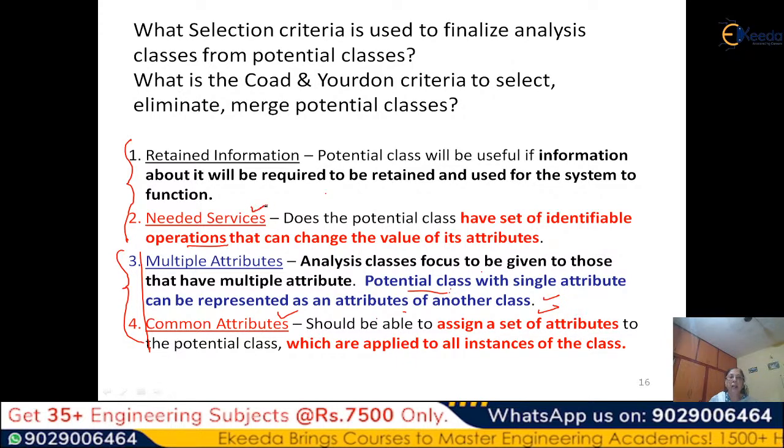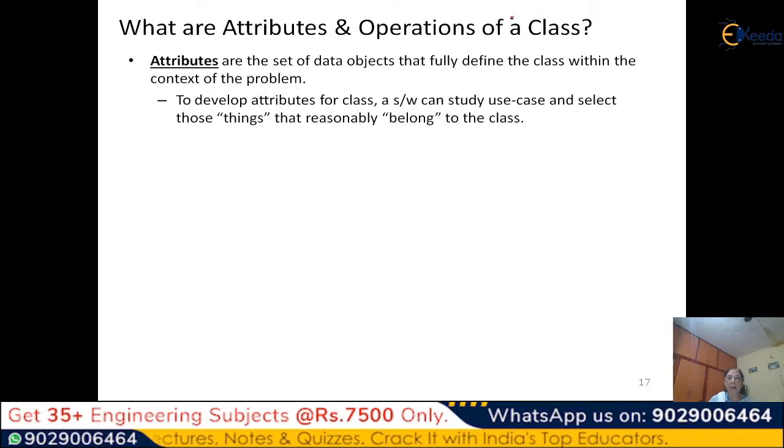Then definitely this class needs to be there. And again, retained information, that means we need to retain it in the system. Then we need to consider that as a potential class. So by doing this, you can eliminate potential classes that do not meet these criteria, and select only those that are left as the analysis classes.